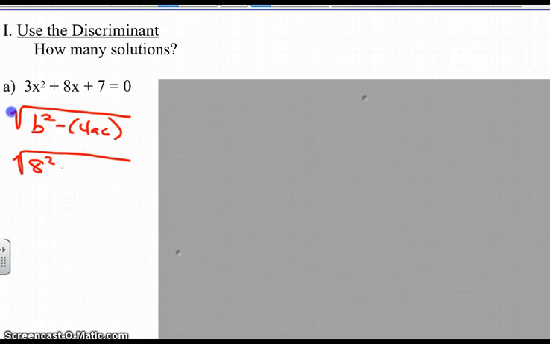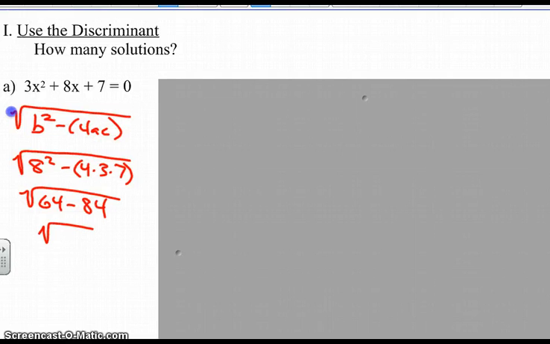8 squared minus, okay, and 8 squared is 64, and 4 times 3, 12 times 7, 84. So what is 64 minus 84? Negative 20.